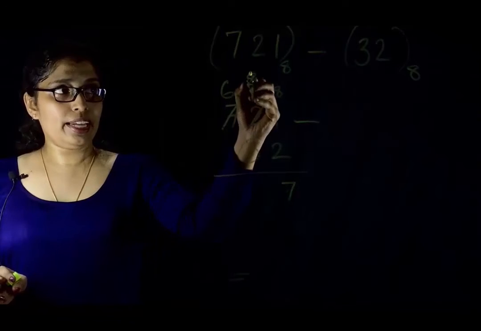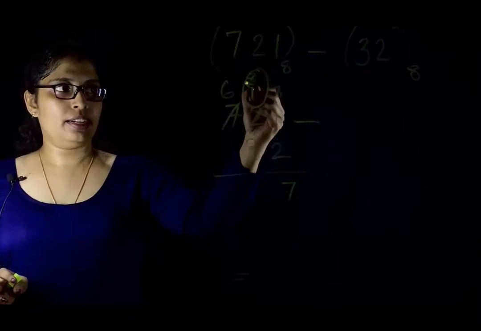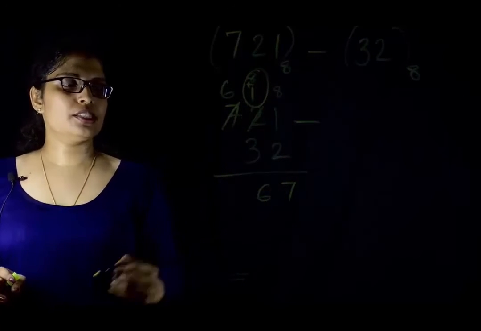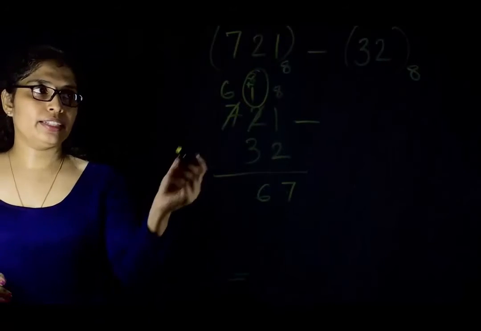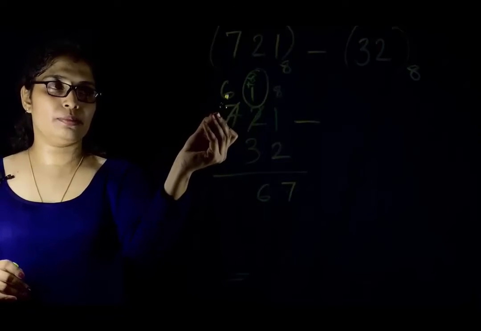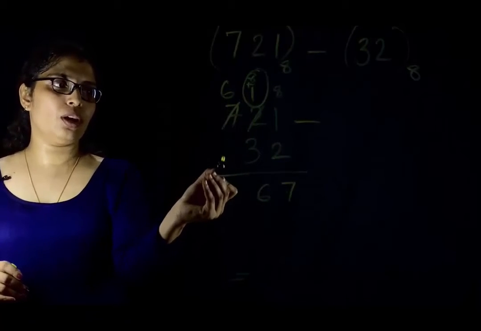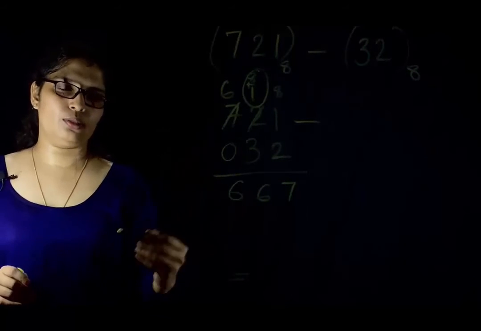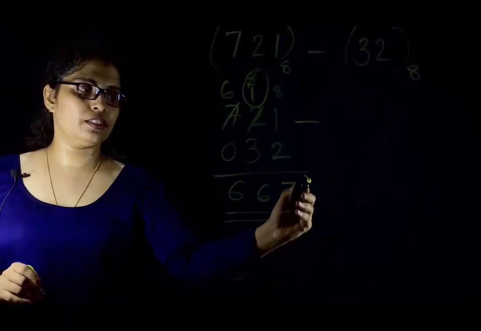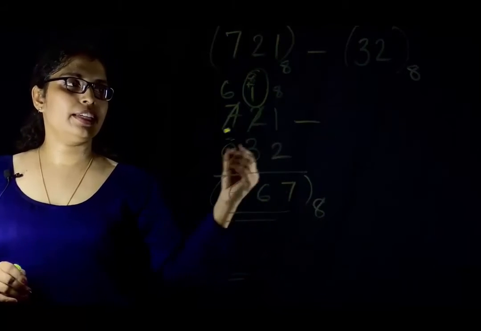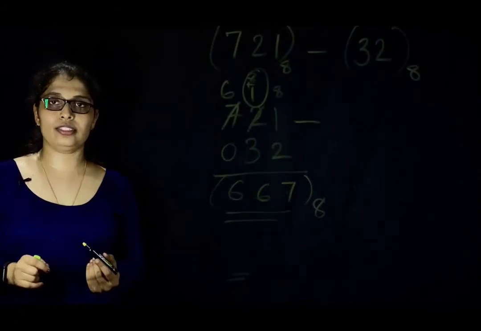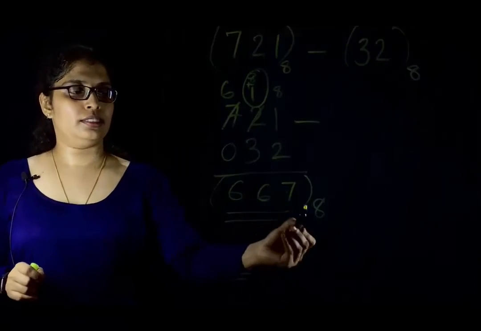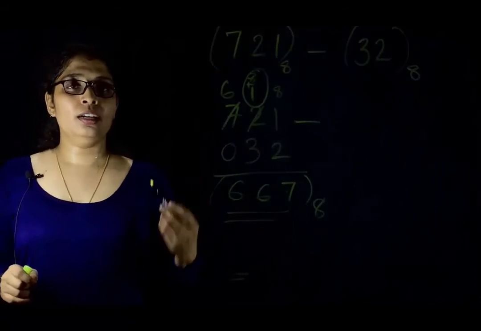So 8 plus 1 is 9, and 9 minus 3 is 6. Here we have a 6 remaining, and no other digit, which means it is 0. 6 minus 0 is 6. So this is the result of this subtraction, the difference value in the octal system.